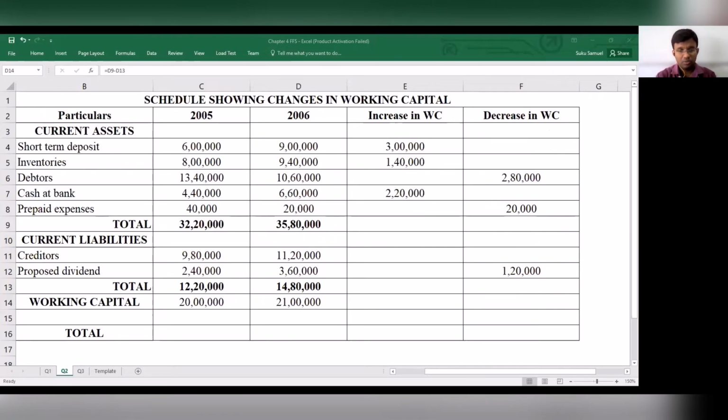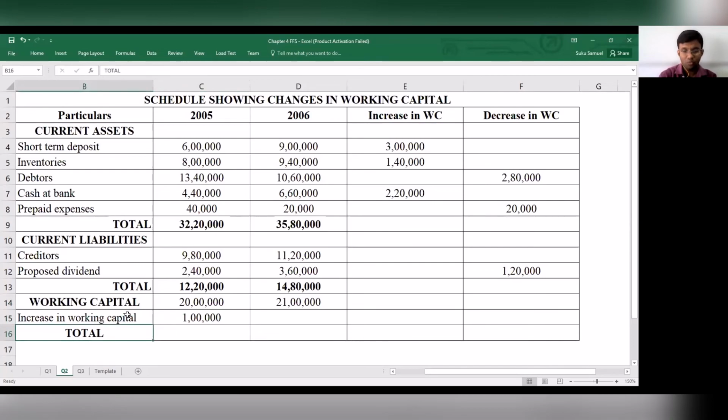Now let's look at how this has impacted our working capital. First year working capital was 20 lakh. Here it is 21 lakh. So working capital has increased. How much has it increased by?